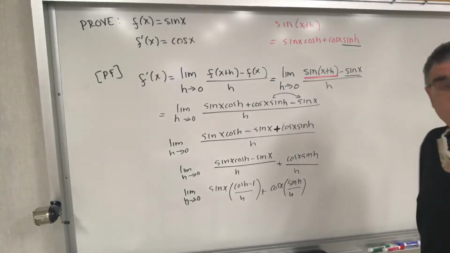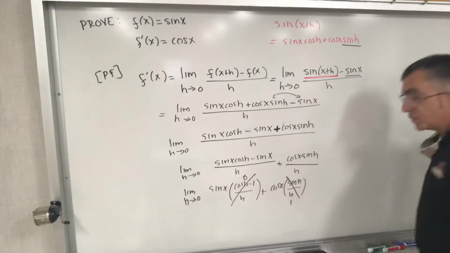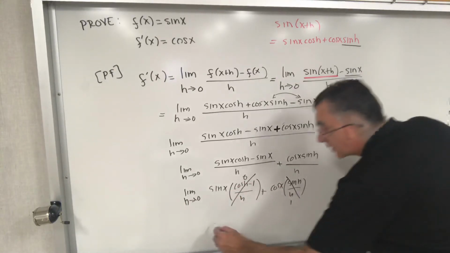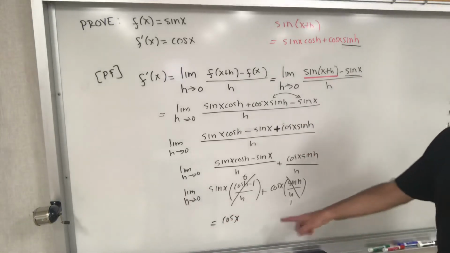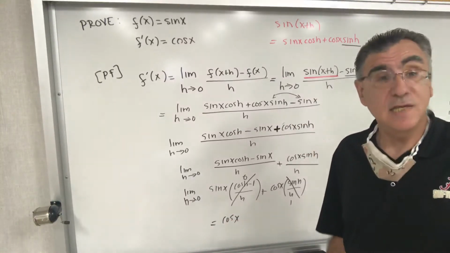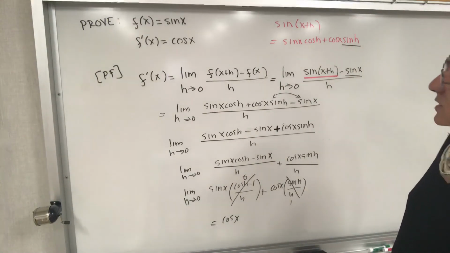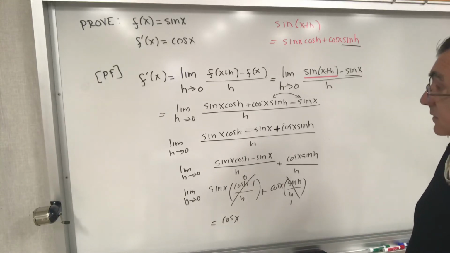And if you remember what we did yesterday, we showed that this was 0, and we showed that that was 1. And of course, 0 times anything is 0, and then 1 times anything, and ta-da, there it is. Here is the proof that this derivative of sine is cosine. So the derivative of sine of x is cosine of x.